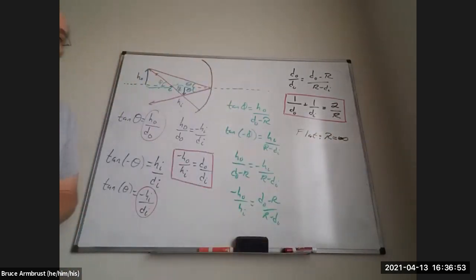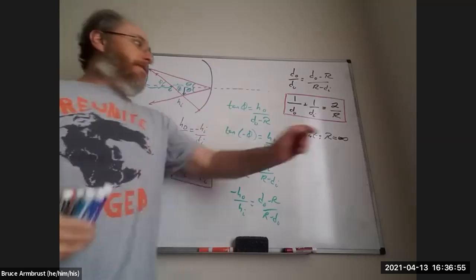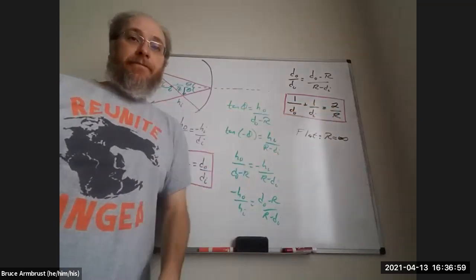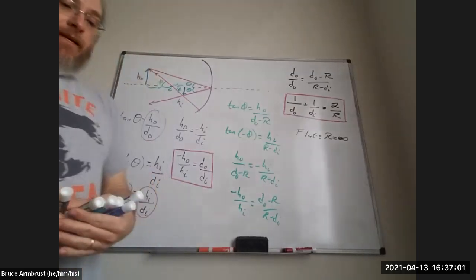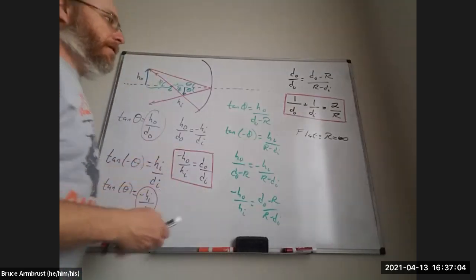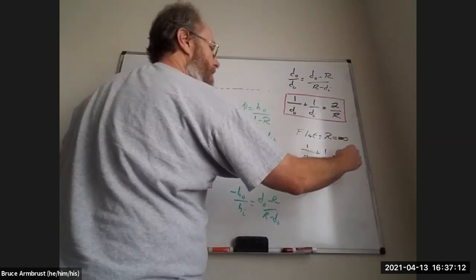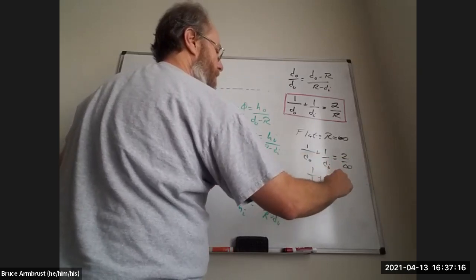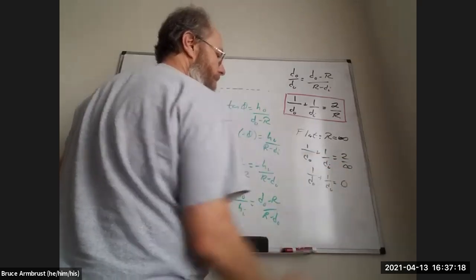And think about what happens to this equation if R is infinity. So we get 2 over infinity, which would be 0. So this becomes 1 over DO plus 1 over DI equals 2 over infinity, or 1 over DO plus 1 over DI equals 0.